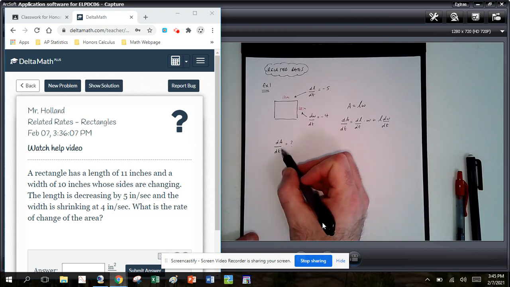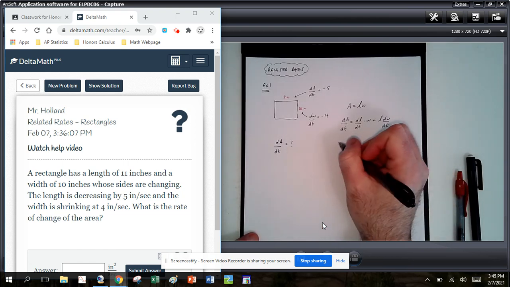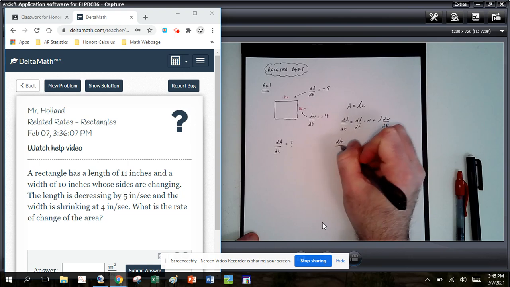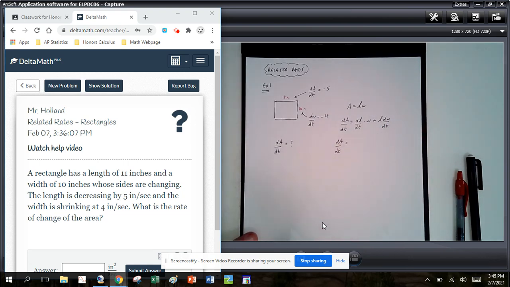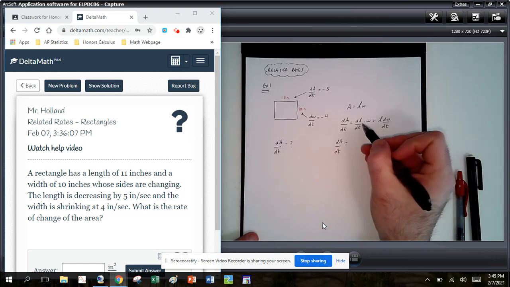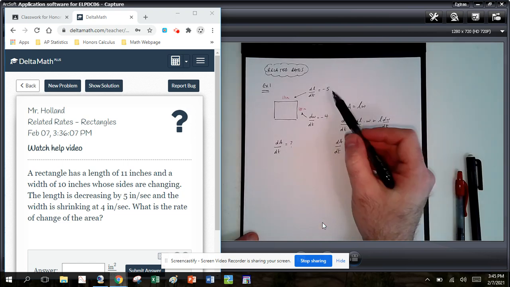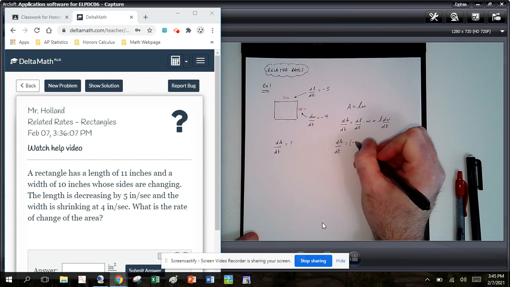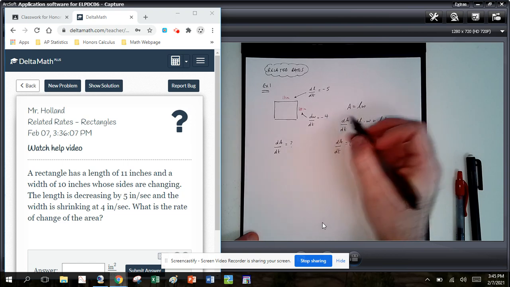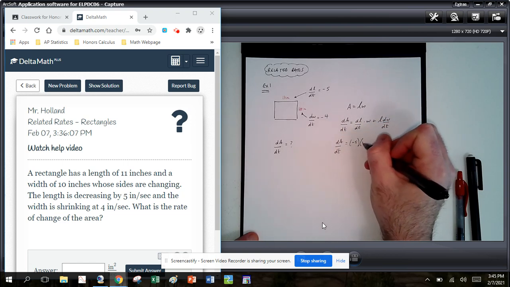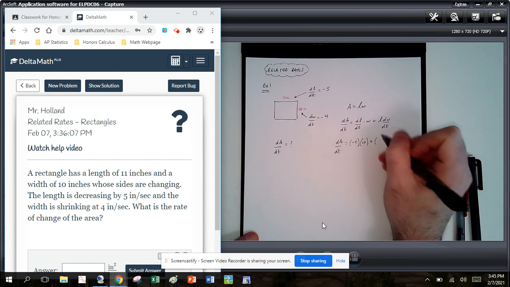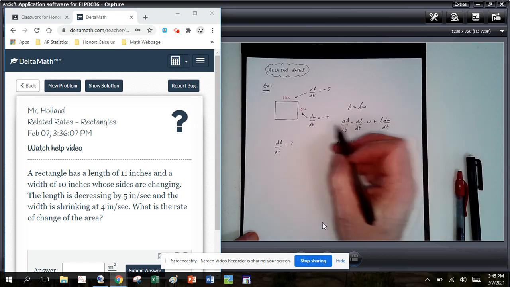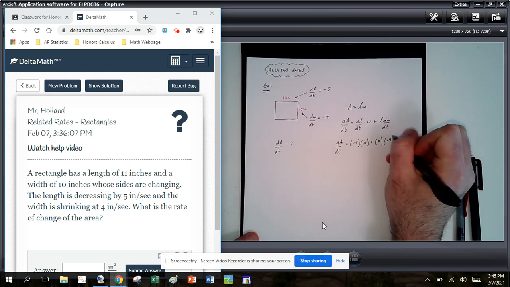So in order to find this, I just need to now plug in the values. So to find dA with respect to t, or in other words, to find out how fast the area is changing, dl dt, I know that is -5. The width is going to be 10, I was given that in the question, plus the length is 11, and then the width with respect to time was -4.